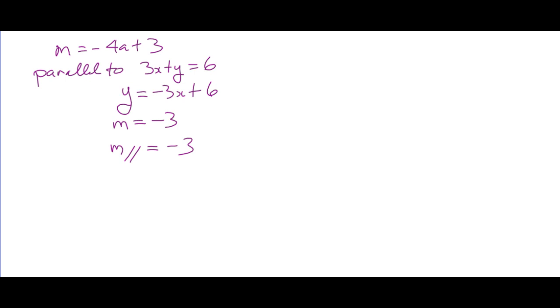So what's the deal? We want a slope of negative 3, and we know that m is equal to negative 4a plus 3, so negative 3.